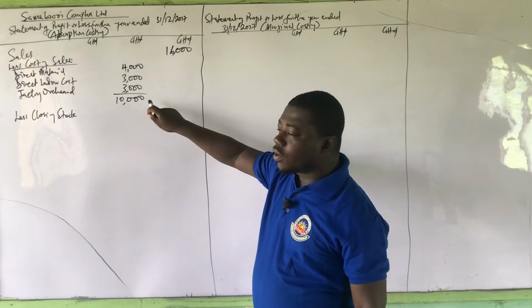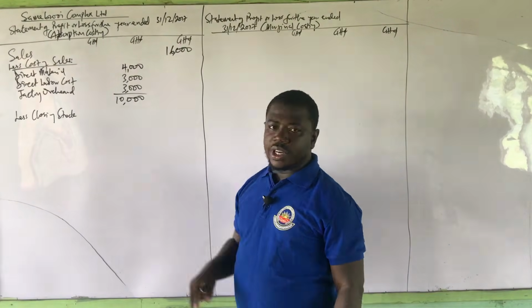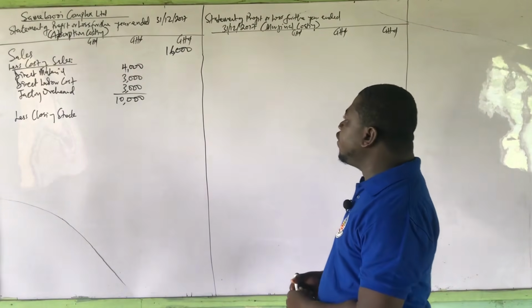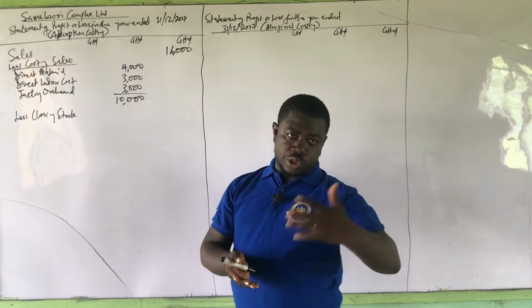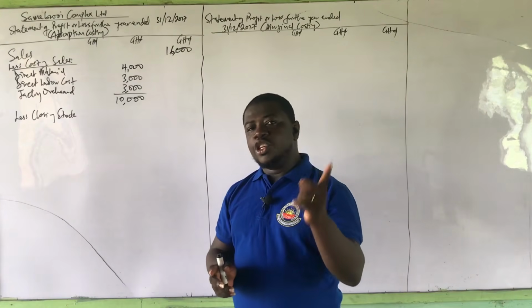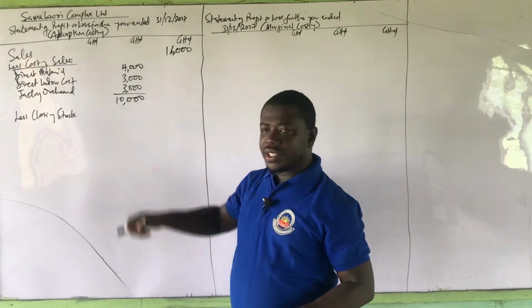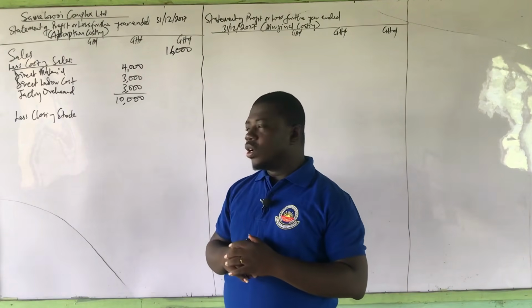You see that this 10,000 is the cost of production. So we are going to value it based on the cost of production. If we are saying that we produced 2,500 units, we sold 2,000, but we produced 2,500. And 2,500 units cost us 10,000. Then how much will 500 cost us? That is how to value closing stock.